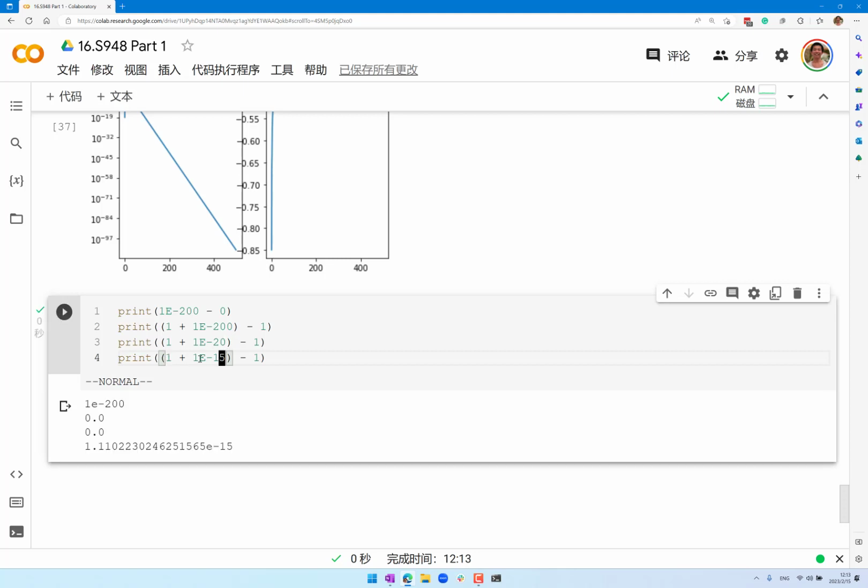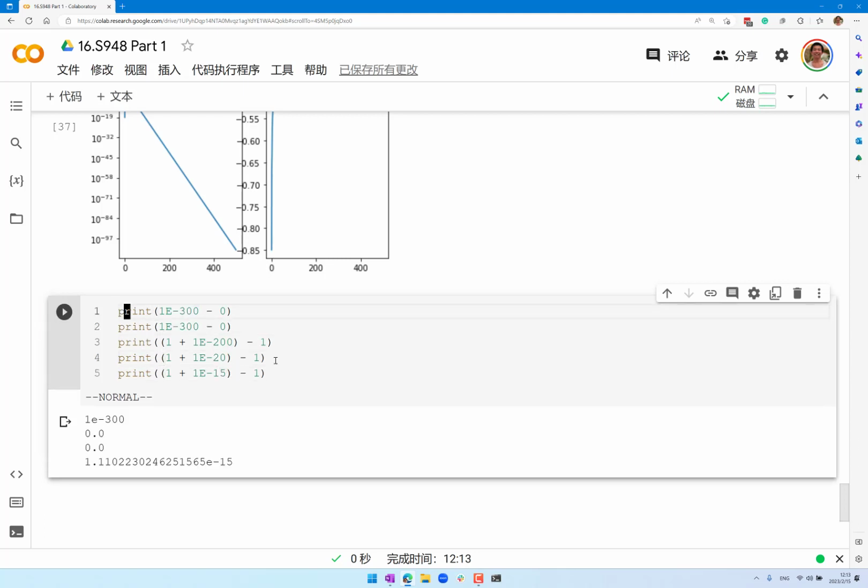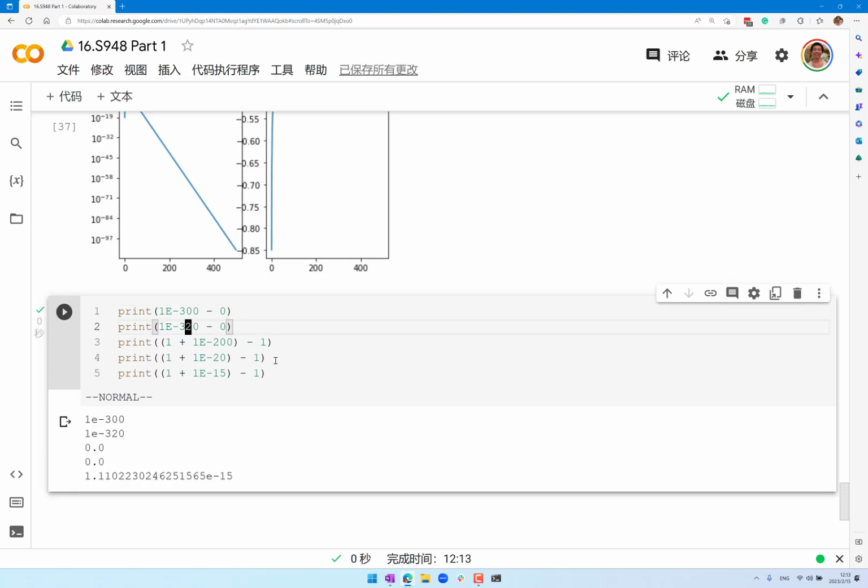A perturbation of 10 to the minus 15 already has about 11% round-off error in it. While if the fixed point is at 0, even 10 to the minus 200 would work. Even 10 to the minus 300 would work. You have to go all the way to, I think, 320 or 350.